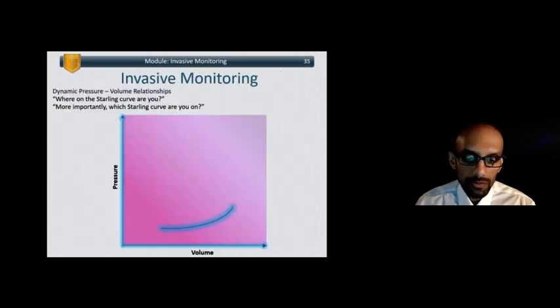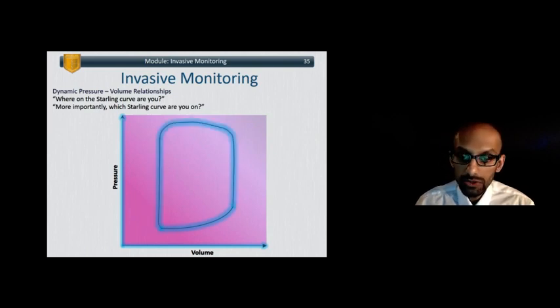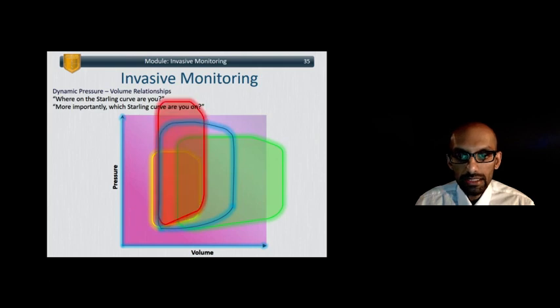So, going back to that concept of the Starling curve, it's literally one limb on the entire cardiac pressure volume loop, which comprises all of diastole and systole. And if this is your normal loop, you can have a variety of different types of curves depending on the kind of patient that you have. If you have a patient with regurgitant valve lesions, they tend to be dilated, and your pressure volume loop looks like this. Aortic stenosis tends to look like this.